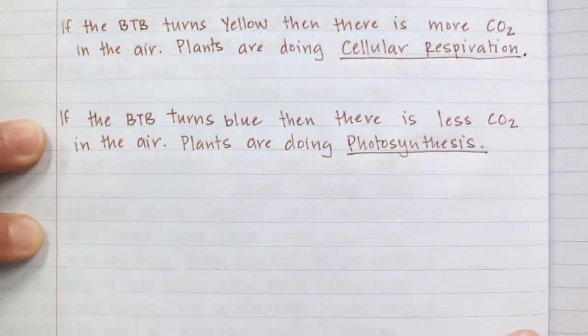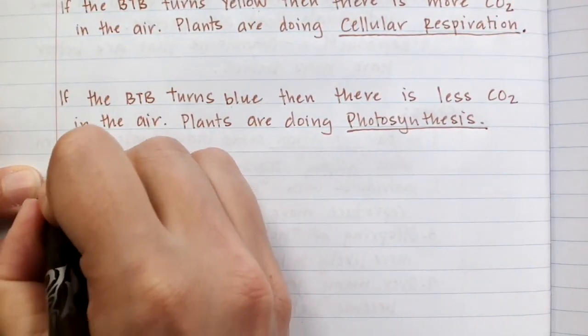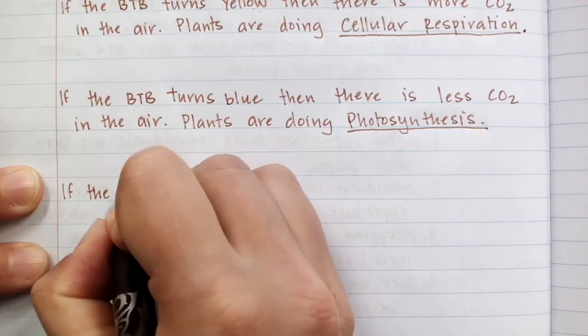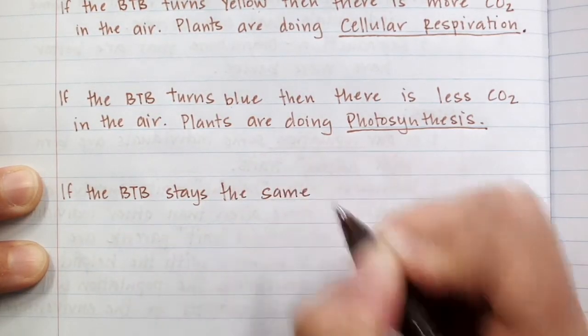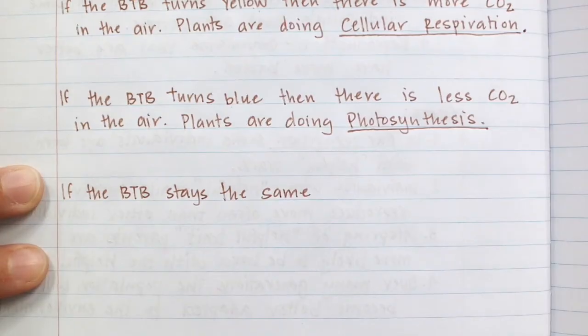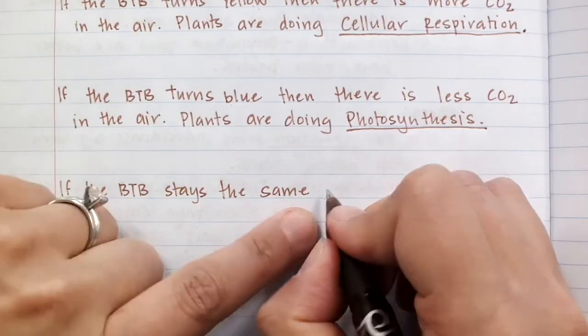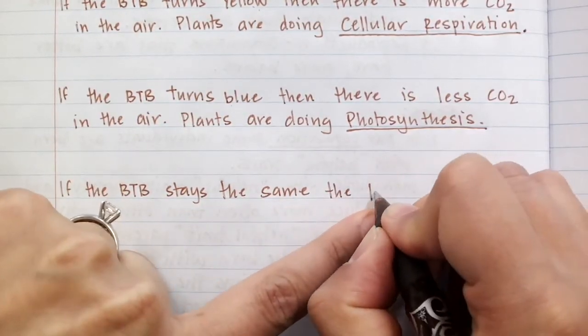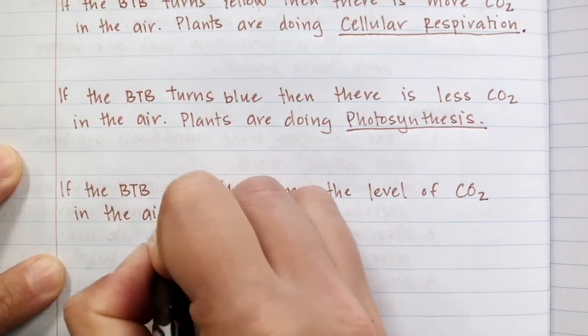But we have one more possibility. What if the BTB stays the same? If the BTB stays the same, then there are a couple of possibilities. What this means is that the level of carbon dioxide in the air did not change.